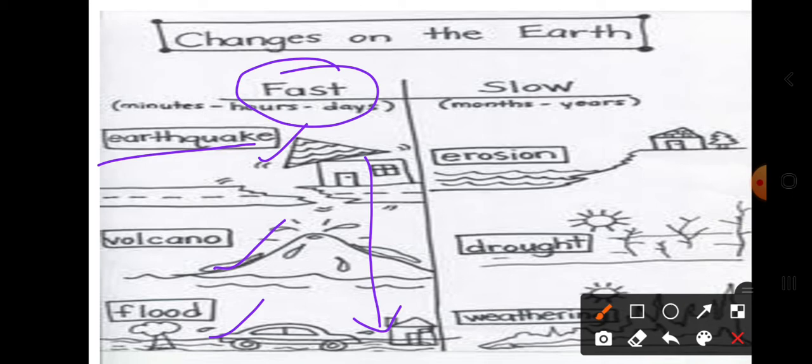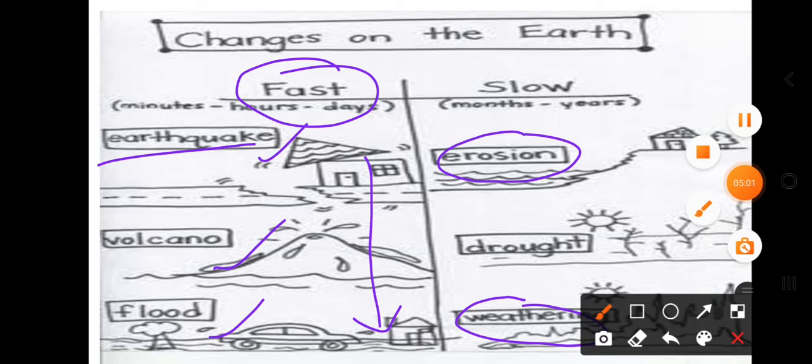Soil erosion is the removal of the topmost humus layer of the soil. It's a very slow change. It takes some years to erode it. Weathering is a process where soil formation takes place. Weathering is also a slow change, because you already read that the formation of 1 inch of topmost soil takes nearly 100 years.